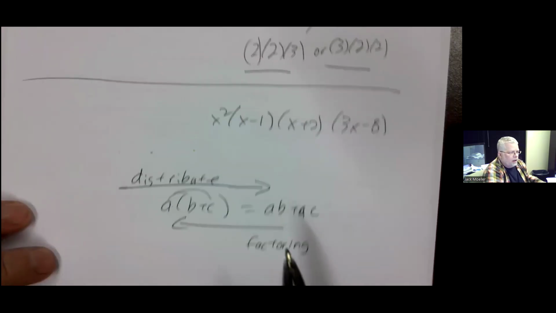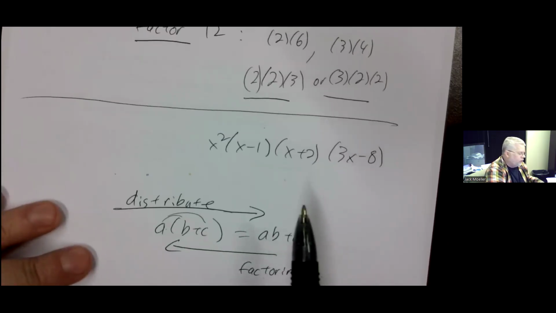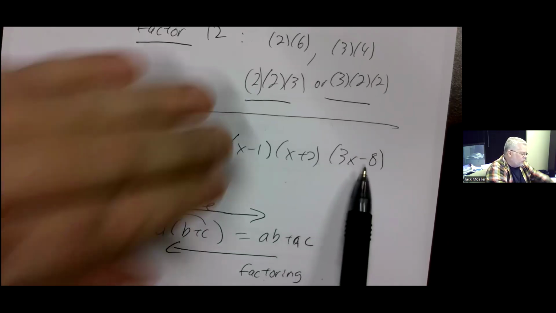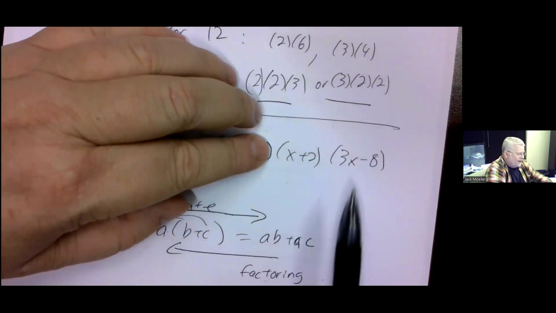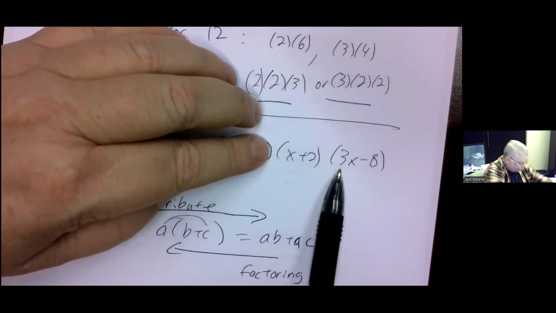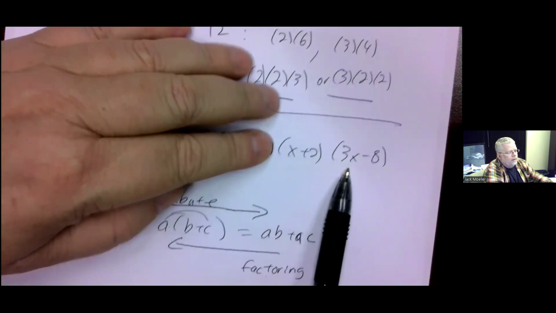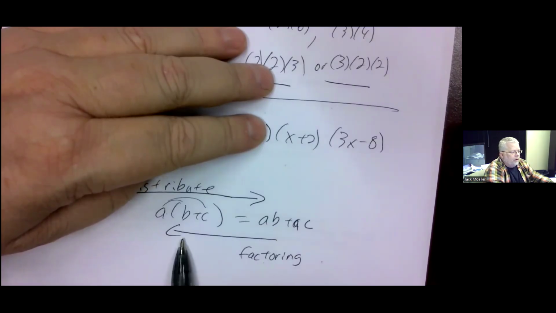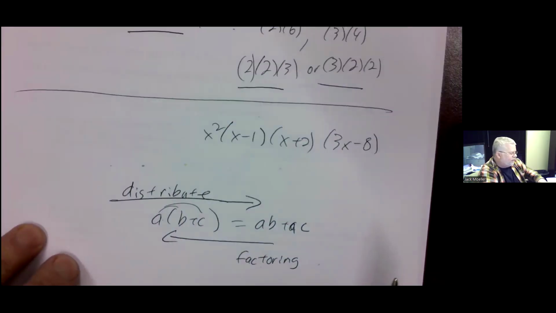The reason I had a lot of FOIL problems and distribution problems in the first homework set is that the more comfortable you are with foiling, the more comfortable you're going to be with taking that answer and figuring out that it came from these binomials. So that's the big picture. What you're doing when you're factoring polynomials is taking that polynomial and figuring out what you multiply to get it, which a lot of times will be binomial factors, and sometimes monomial factors. That's what we mean by factor polynomial.